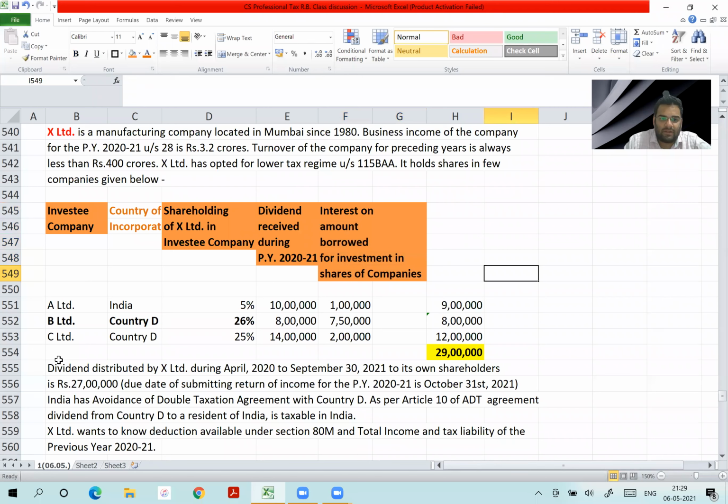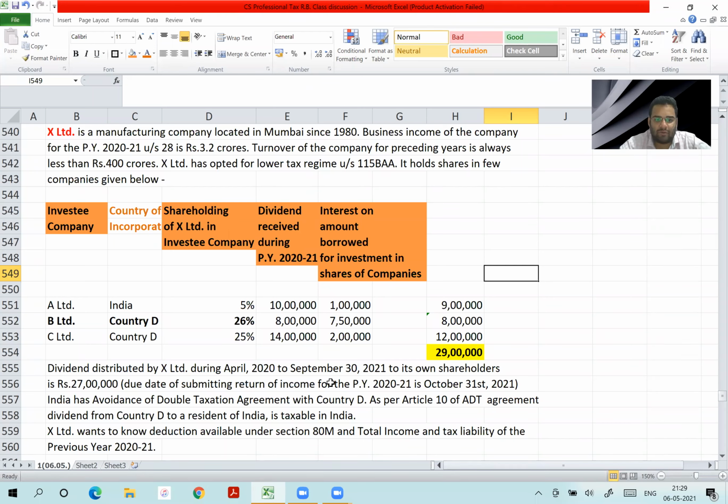Dividend distributed by X Limited during April 2020 to September 30, 2021 to its own shareholders is 27 lakhs. Due date of submitting return of income is 31st October 21. You know that.